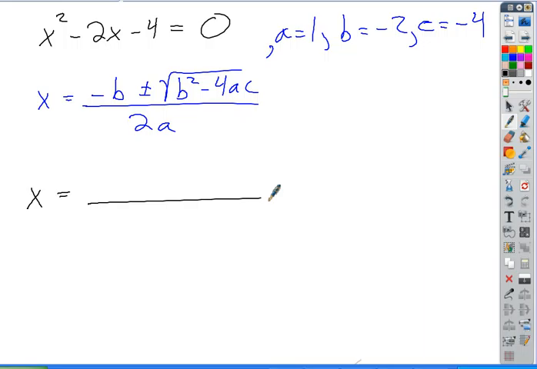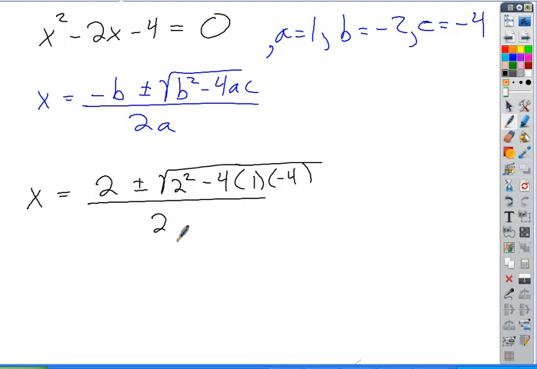What's negative b? Plus or minus square root 2 squared, square the positive. Okay. How many negatives? 2. So we're going to add. 2 squared is 4 plus 4 times 1 times 4 is just 16.